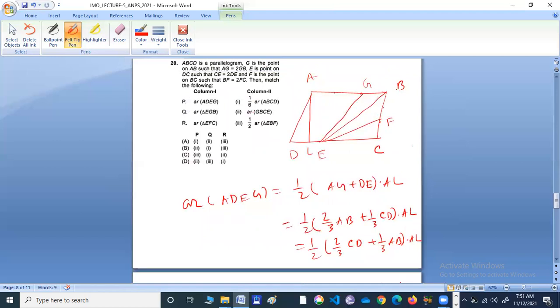So the only one which has 2 is what? P's 2, in which option is P's 2? It is in B, right? Therefore B is the right answer in this case.